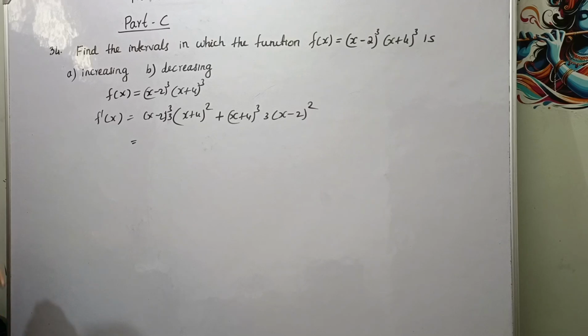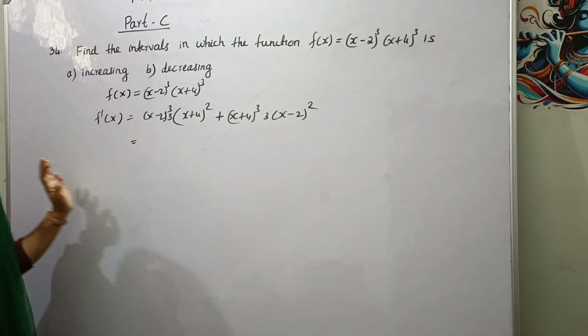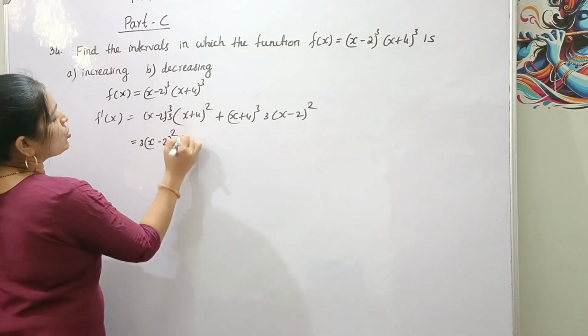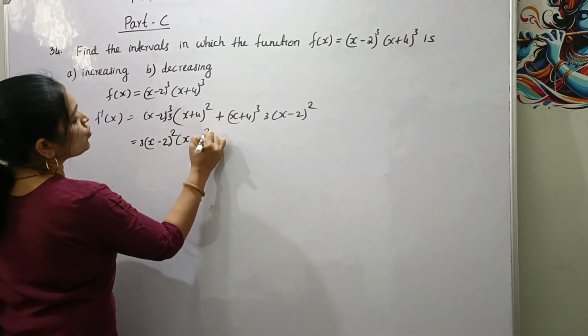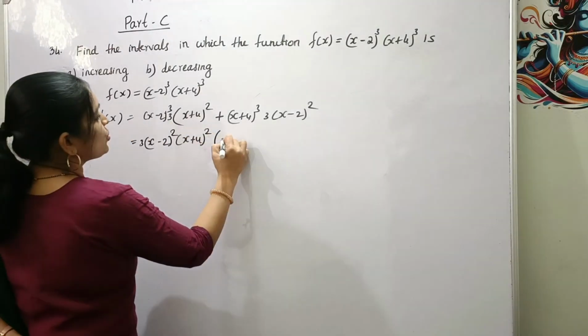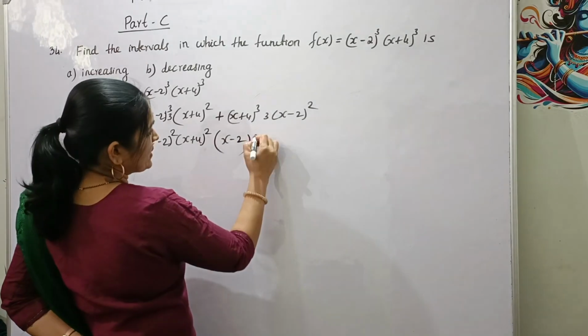Here 3 into (x minus 2) whole square into (x plus 4) whole square is common. Let's take it out. 3 into (x minus 2) whole square into (x plus 4) whole square into, here remaining x minus 2, here remaining x plus 4.